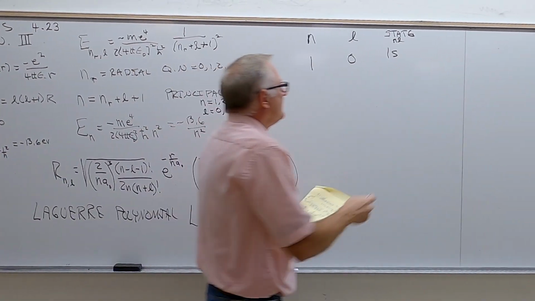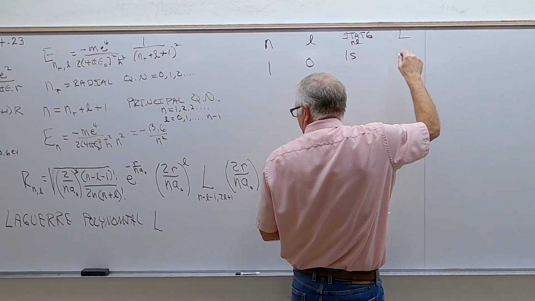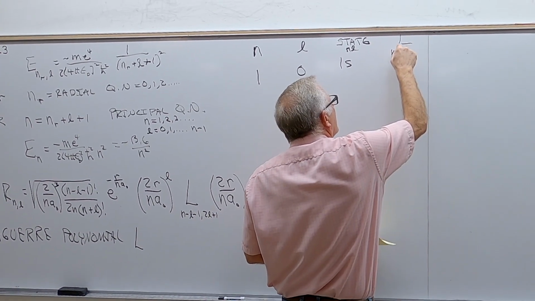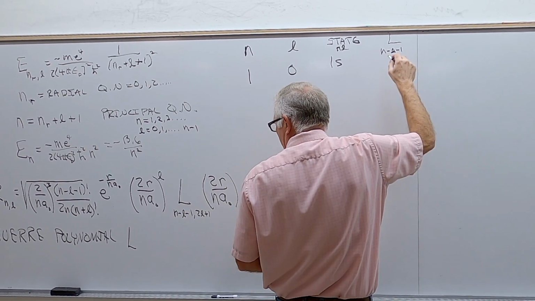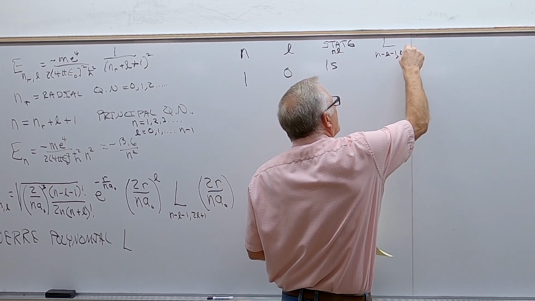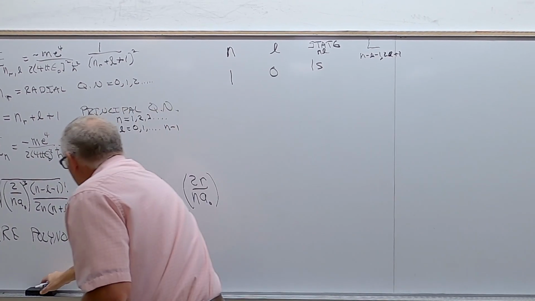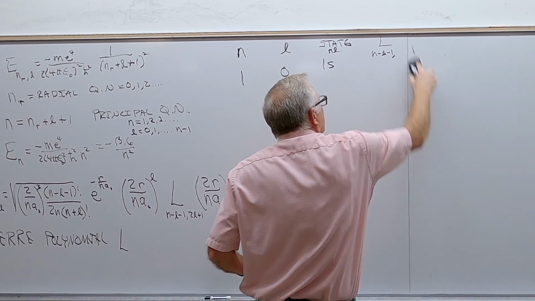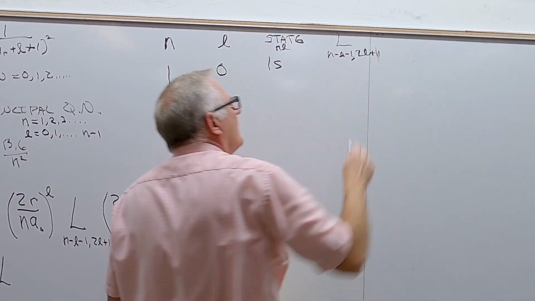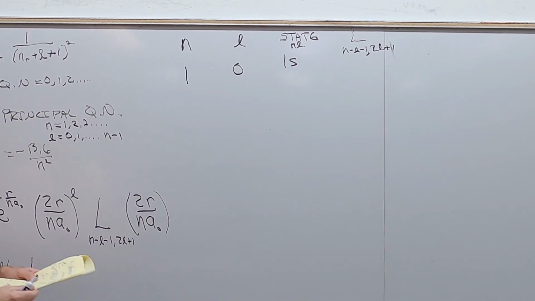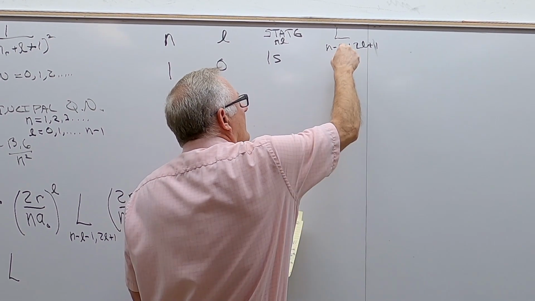That L factor, which we said was n minus l minus 1, and the other number 2l plus 1. That L sub this is just 1.